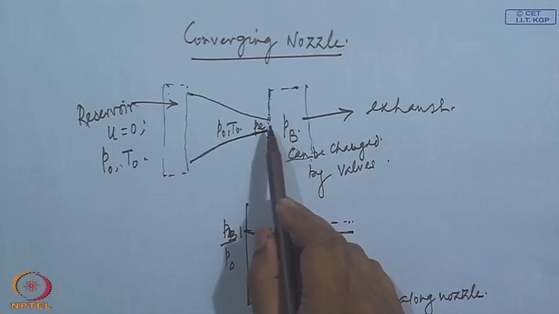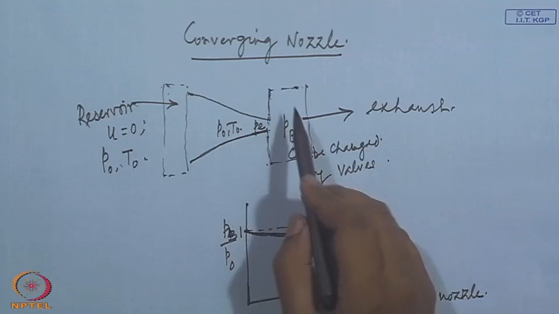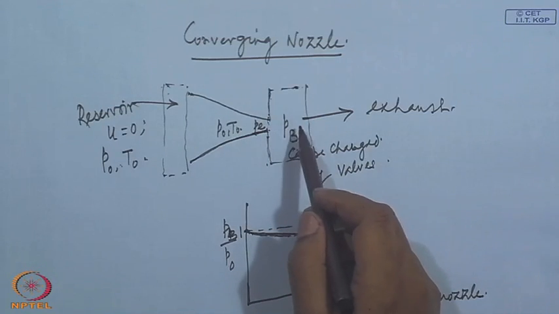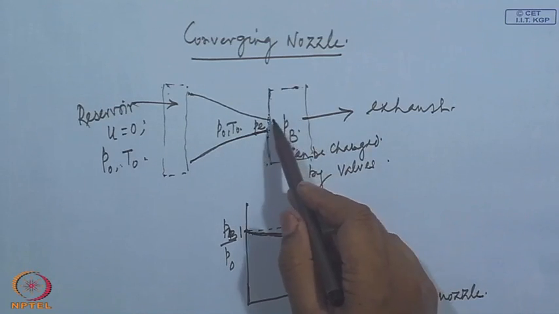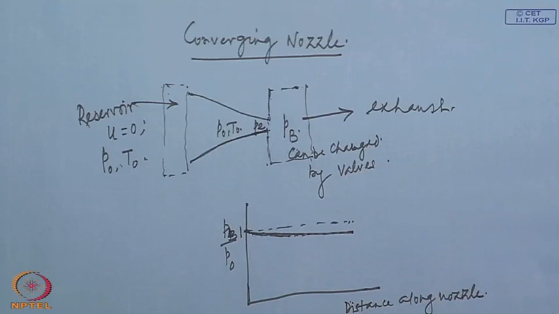See what happens if P_e is substantially larger than P_b. Then there will be an expansion of the flow after leaving the nozzle, requiring an area increase, but such an area increase at subsonic speeds causes the stream pressure to rise further.